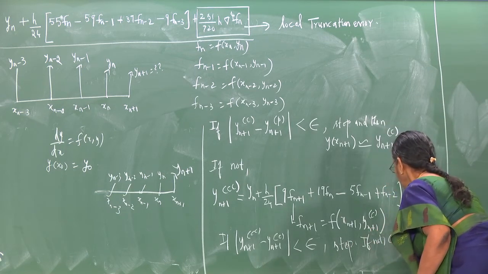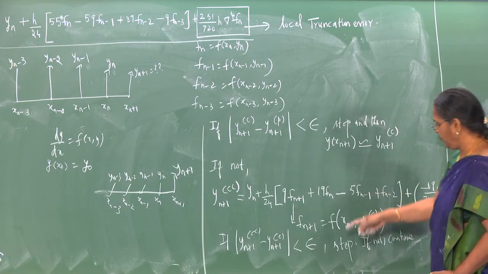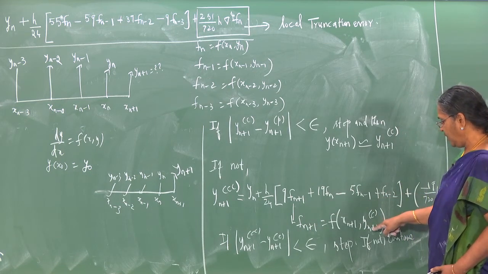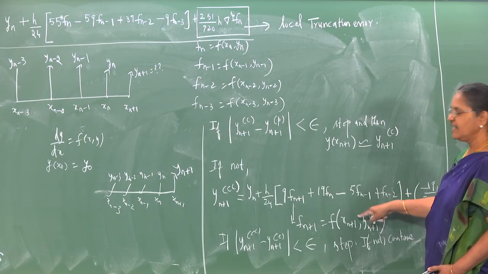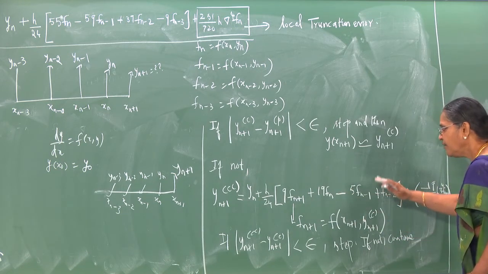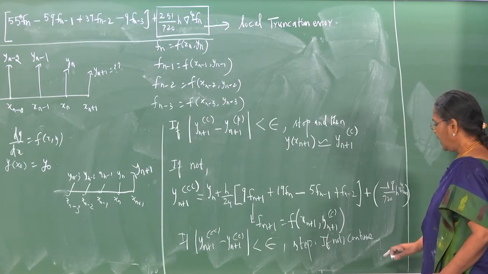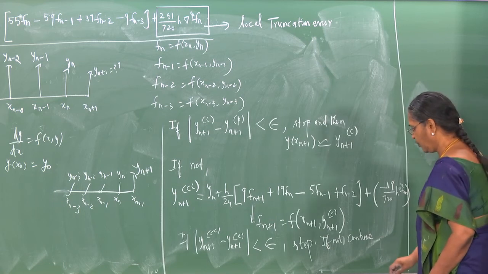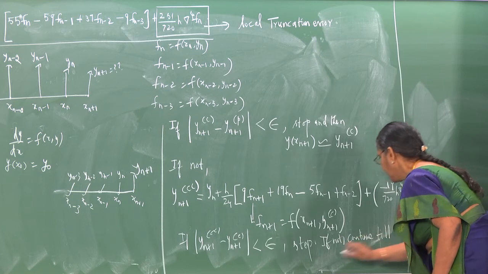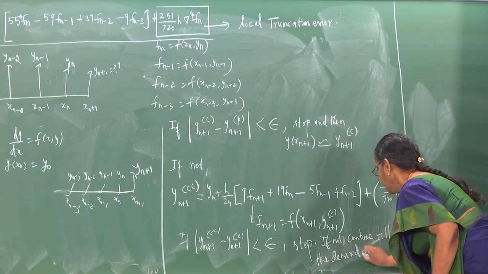Continue recorrecting your solution, every time computing fn plus 1 by making use of the value of yn plus 1 obtained at the previous corrected step, and then evaluate the new yn plus 1, which is the corrected value, till the desired degree of accuracy is attained.